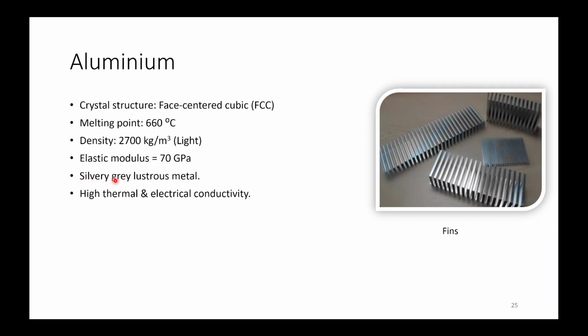It has a silvery gray luster and very high thermal and electrical conductivity. So it is used in making electrical wires, and in making fins for cooling various machinery and laptops.